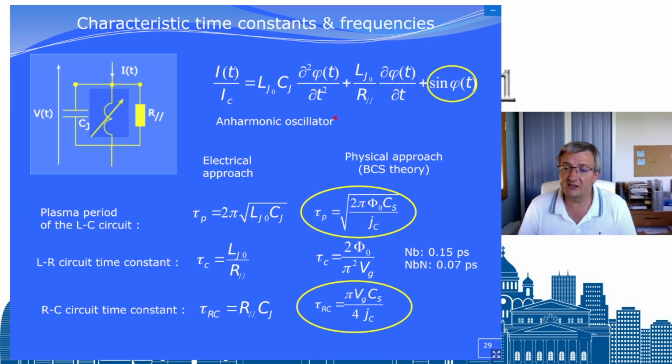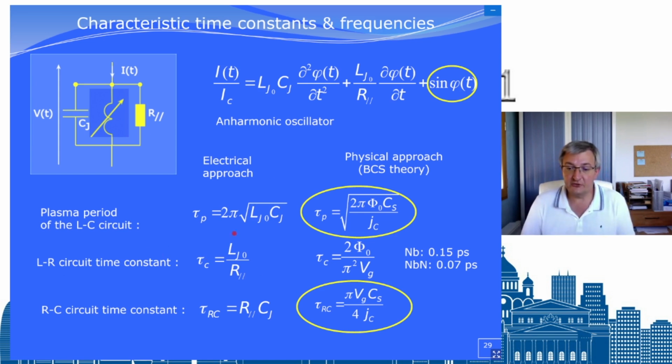So it's an anharmonic oscillator. When you have a harmonic oscillator, or anharmonic oscillator as well, you have three parameters. Here I have an electrical and a physical approach. So depending on what you prefer, you can check with electrical or physical parameters. The electrical approach is quite obvious. You have a plasma resonance frequency, 1 over square root of LC, which is the plasma frequency of the oscillator.